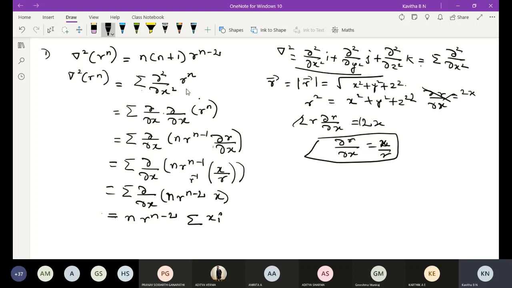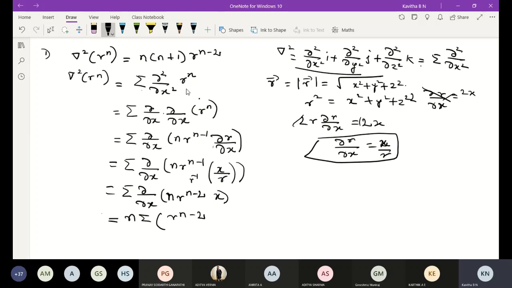Okay, it will continue, summation of xi. Okay, next step here, take n outside. Again, partially differentiating with respect to x. Okay, summation, then r to the power of n minus 2.